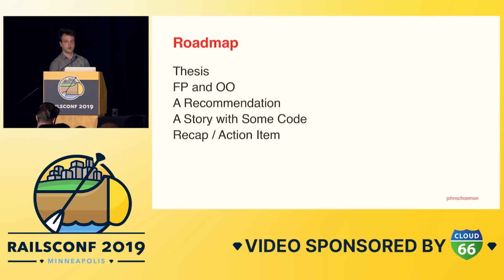So if you have zero exposure to functional programming, that's totally okay. We won't be going over those things in detail, but we will be spending most of our time at a much higher level talking about why and where you might want to consider functional programming. And there'll be a slide at the end with some resources, good starting points for you, if I'm successful in inspiring you to go learn some more on your own.